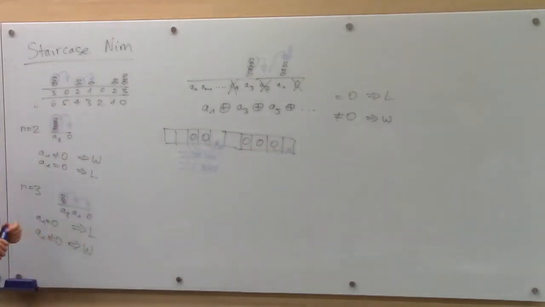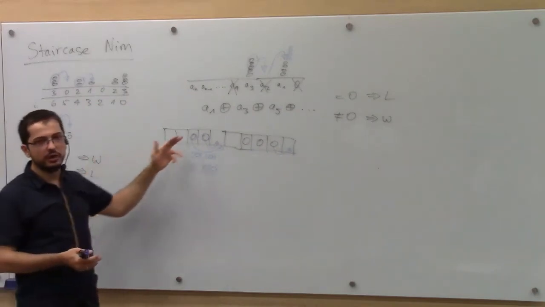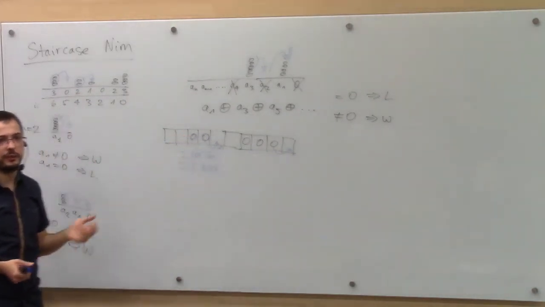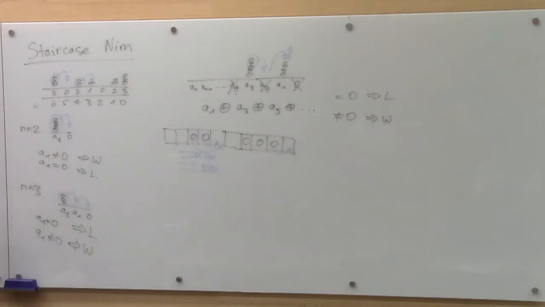And in the task we were asked to calculate who has the winning strategy, and if the first player has a winning strategy, also to calculate the number of winning moves.